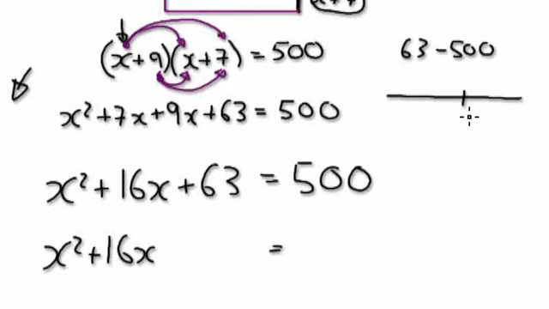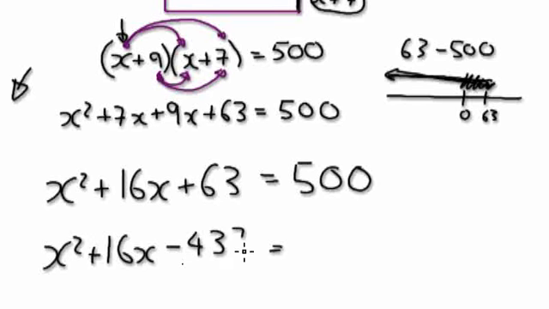Imagine your number line as being this 63 here; you start here, and then this whole length here is 500. Anyway, do whatever you have to do. This comes to minus 437 equals 0.